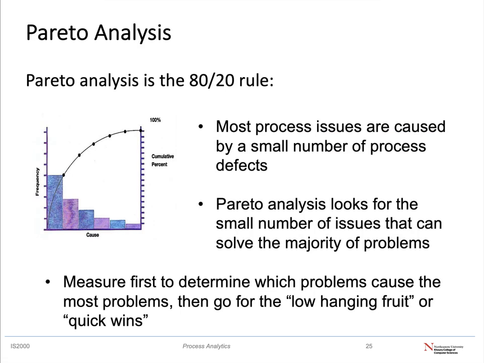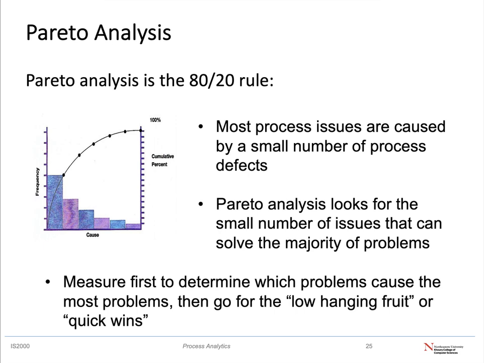Now, when you do this in practice, one thing to keep in mind is that not all problems with a process are causing big problems. Most process issues are caused by a relatively small number of process defects. There is an analysis technique that's often referred to as Pareto analysis.